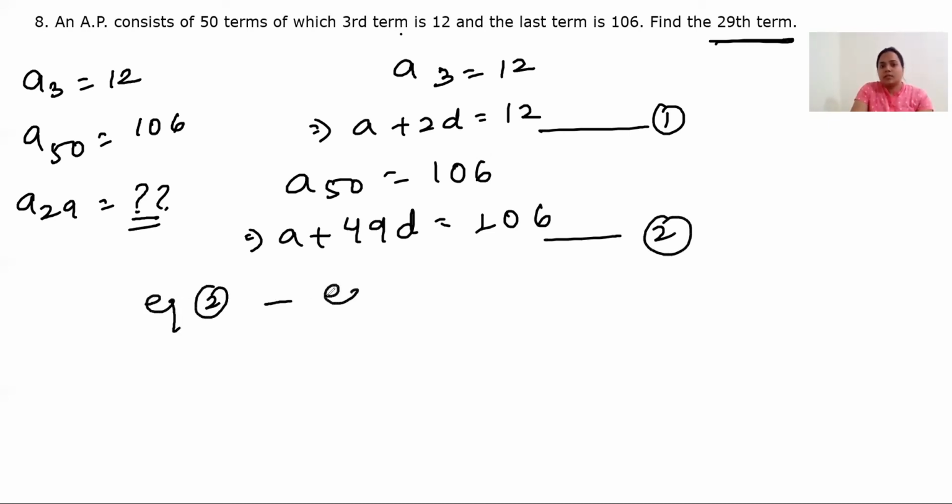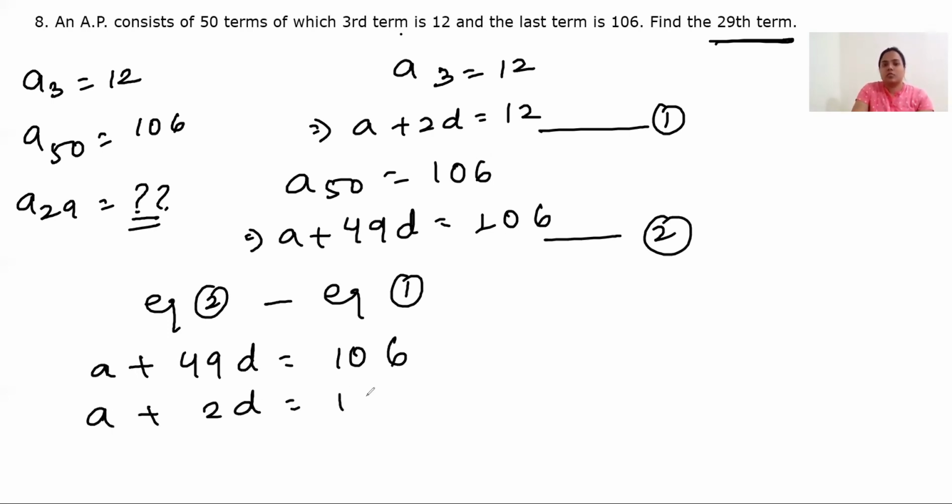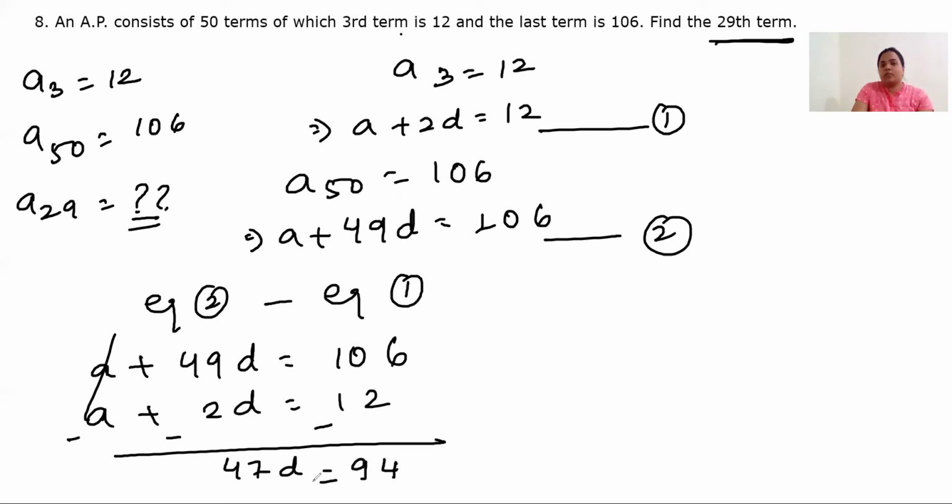Equation 2 minus equation 1. a plus 49d is equal to 106, a plus 2d is 12. Subtract, a minus a cancelled. 47d is equal to 94. So this implies that d is equal to 94 by 47.